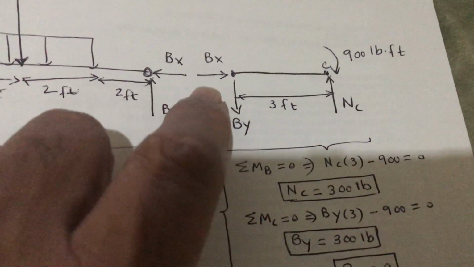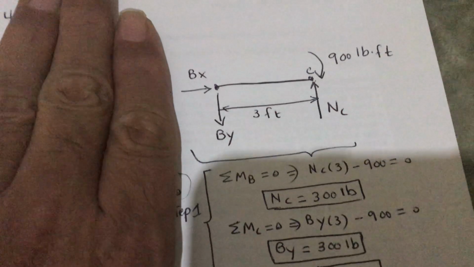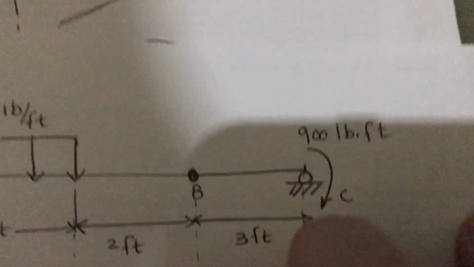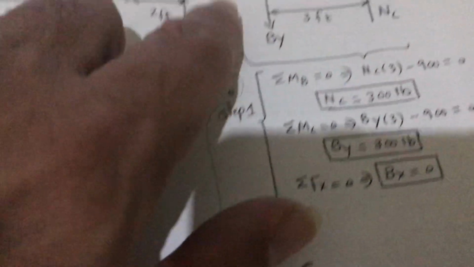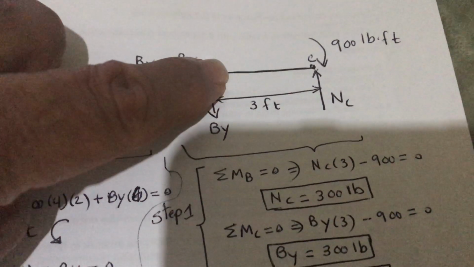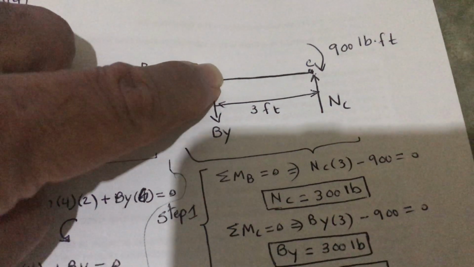Now, what are you going to do? The best is to find moment first. Don't worry about this side. We took this side by itself because there is a hinge here. If you take moment at this point, BX and BY are not included in the equation.